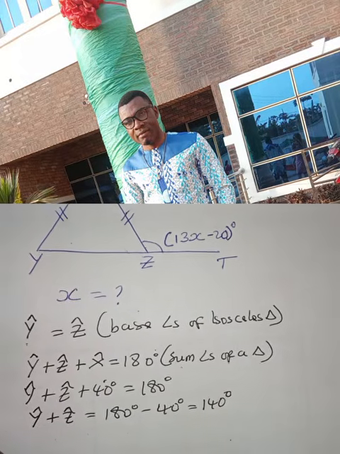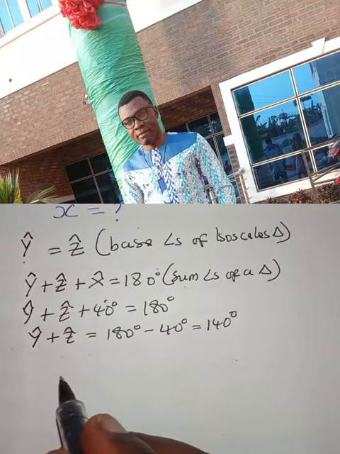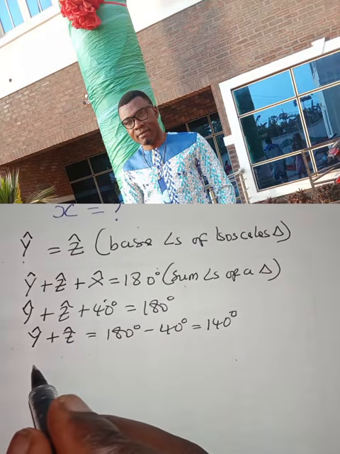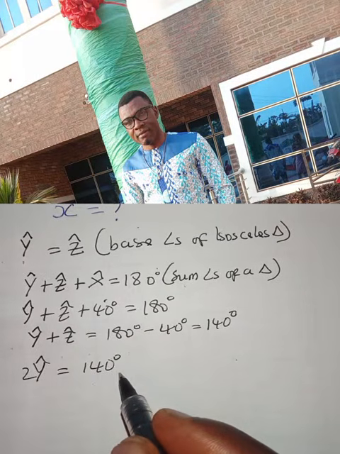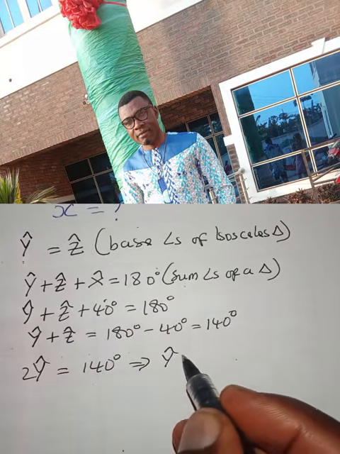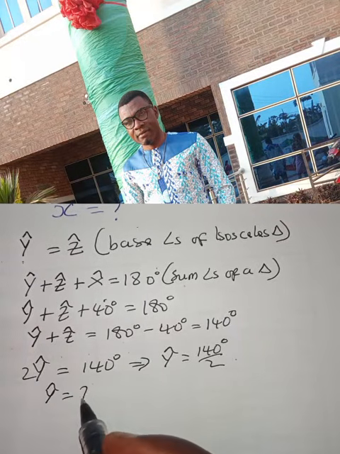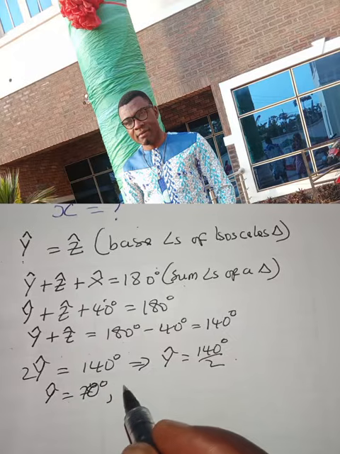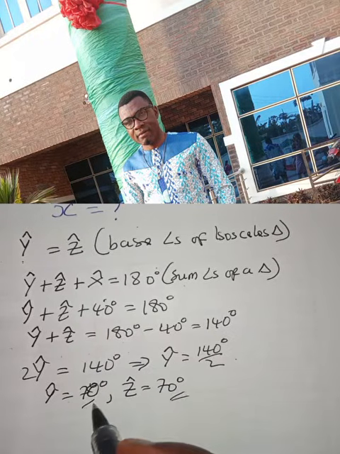So if y is equal to z, I can call both y. So if I say they are both y, you have 2y equals 140 degrees. That implies that y is 140 degrees divided by 2. Angle y is therefore 70 degrees, and angle z is also 70 degrees because both are equal.